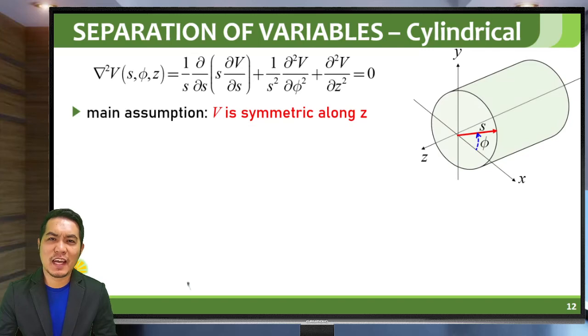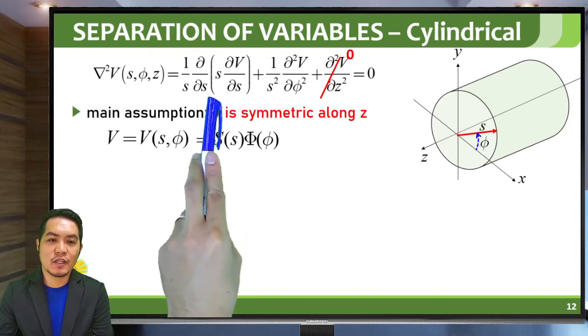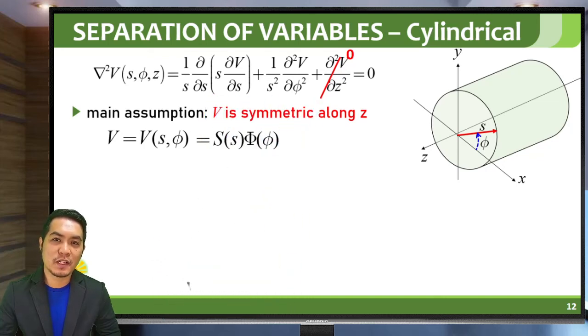Which means that your potential will just depend on the two-dimensional radius s and the azimuthal angle phi, and your Laplace equation will be reduced into a two-dimensional partial differential equation.